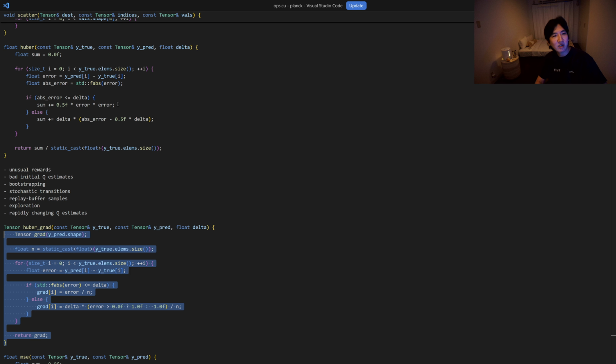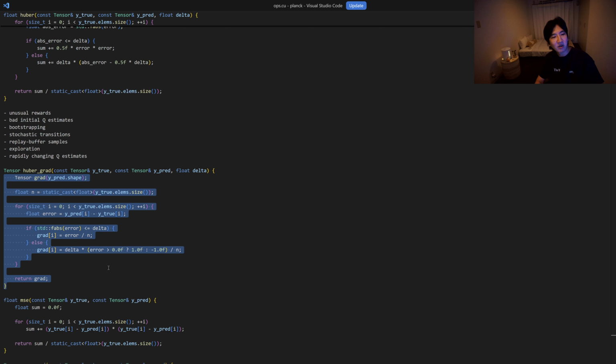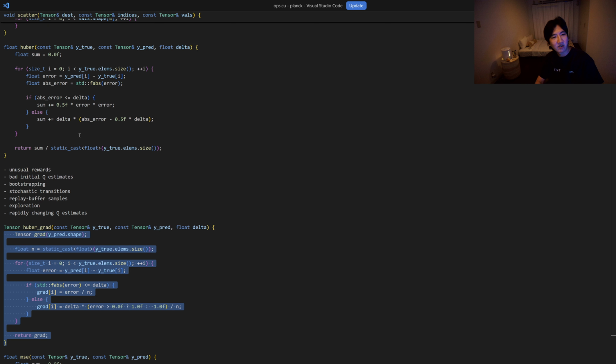So if the error is less than or equal to 1, those are about the same. But if the error is greater than 1, we subtract 1 over 2, so it behaves like the mean absolute error loss function, except we subtract 1 over 2.